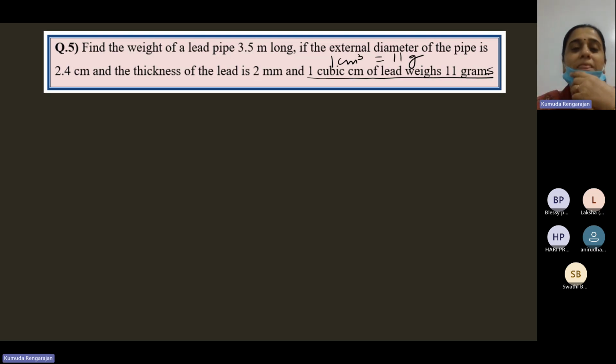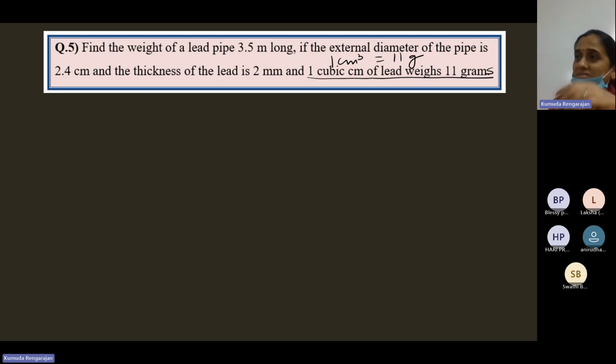Okay, so 1 centimeter cube of lead weighs 11 grams. So like I always tell you, the fruit seller or the stationer says 1 notebook is 11 rupees. So like that 1 centimeter cube is 11 grams. So now you have to find how many centimeter cube of lead is there in this pipe. That means you should find the volume of the pipe.